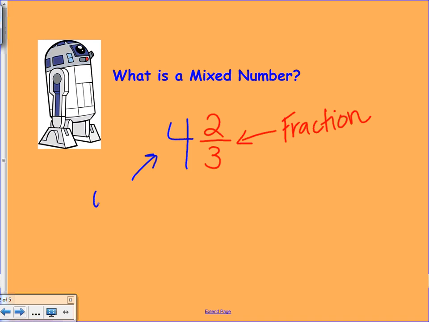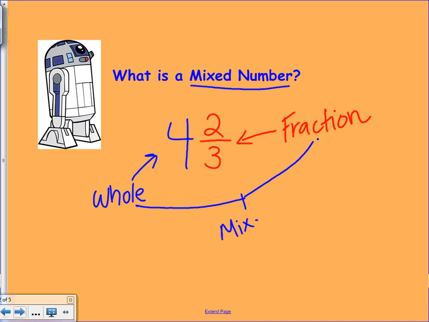Good, the whole number. So we have a whole number and a fraction. So class, what is a mixed number? Well, a whole number and a fraction put together is what we call a mixed number. Raise your hand if you've seen that before. Great. Let's go on to the next slide.